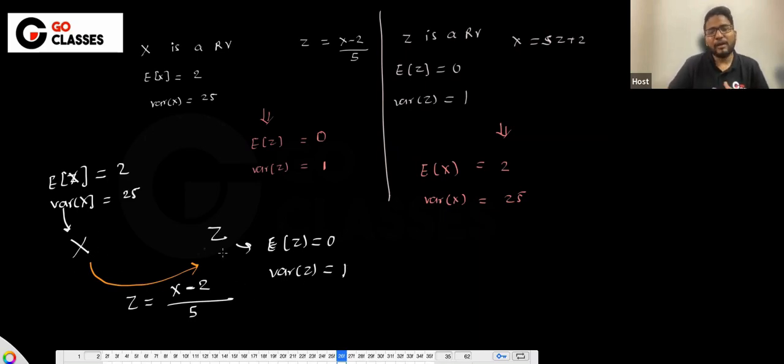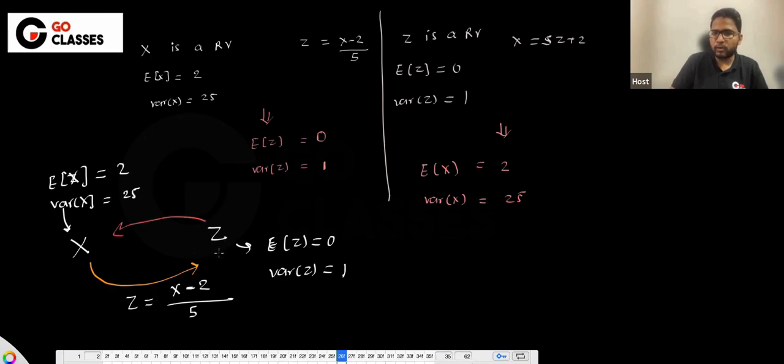Given this x, I will ask how to define a z such that this z has expectation 0 and variance 1. So given this x, you just take x minus its expectation upon the standard deviation, and you will get z. That is the story. And suppose you want to go in the reverse.